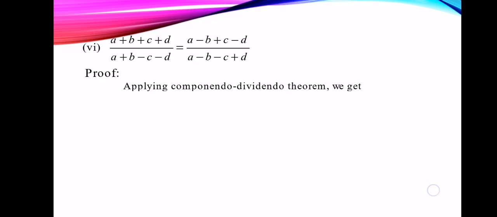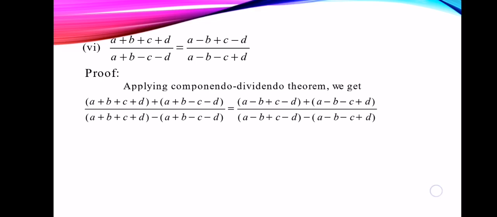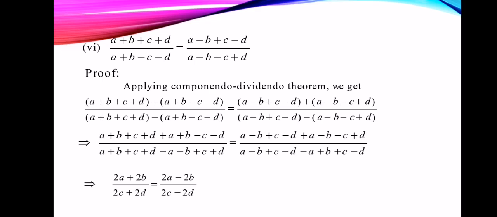So applying componendo or dividendo theorem, we just get (2a + 2b) by (2c + 2d) is equal to (2a − 2b) by (2c − 2d). Here you will have to keep this in mind, that we apply the componendo or dividendo theorem if we have the similar terms in the numerator as well as in the denominator with the different sign along with the second term.